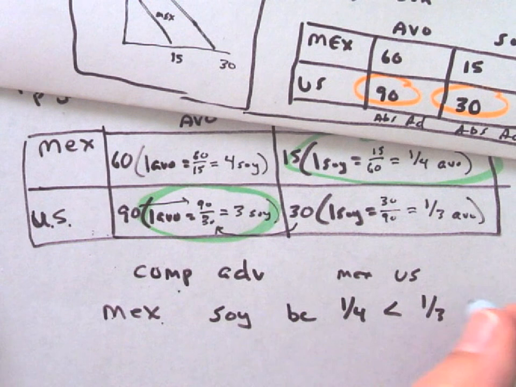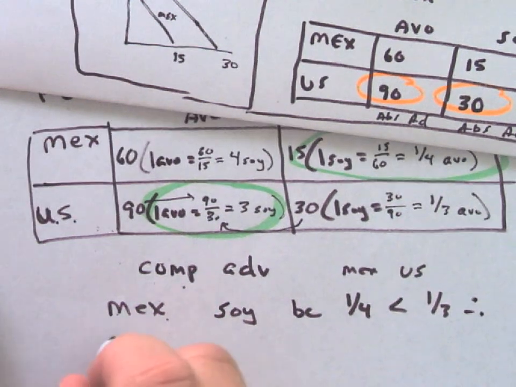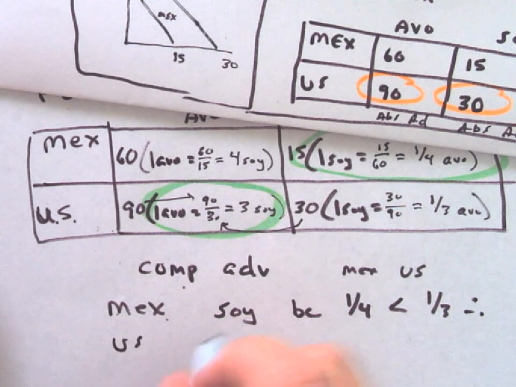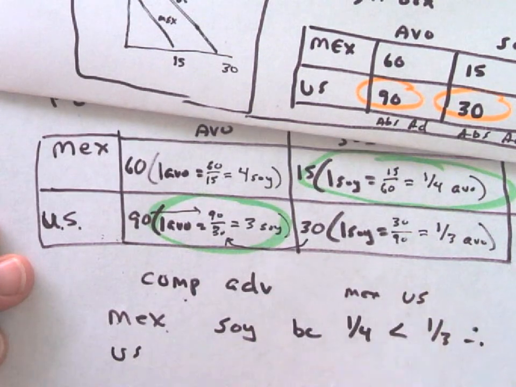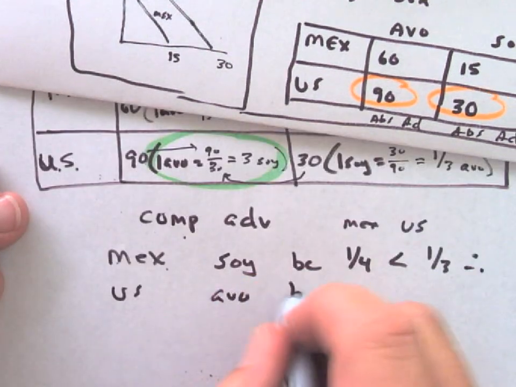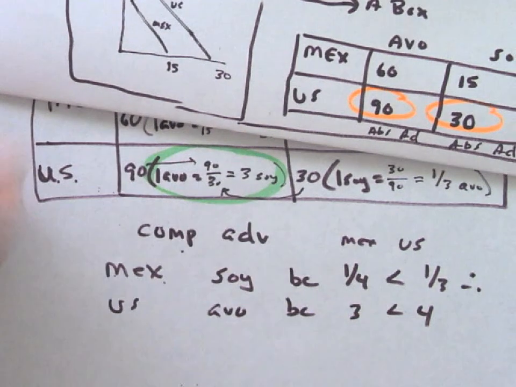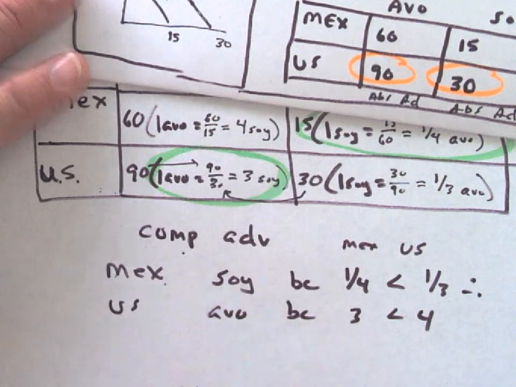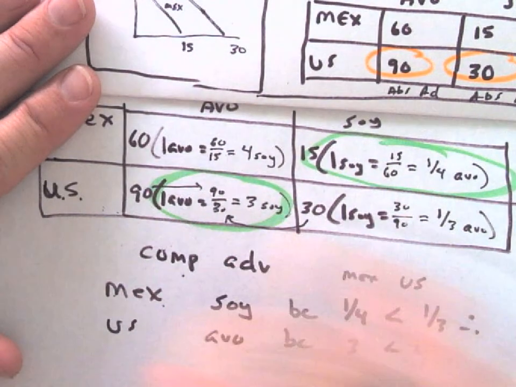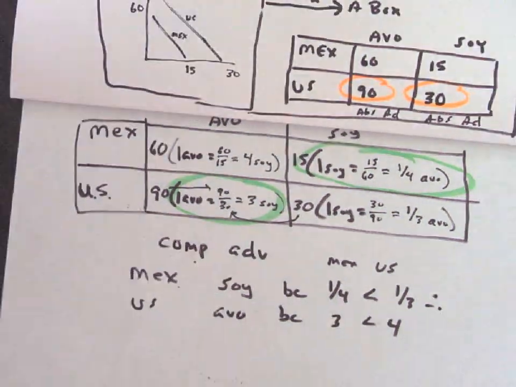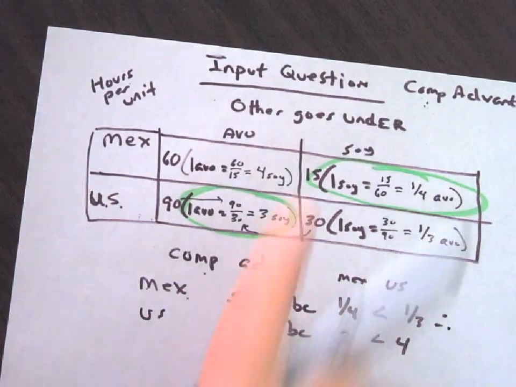Therefore, and you can use 3 dots, therefore, the United States has comparative advantage in avocado production because 3 is less than 4. If you have to explain it, that's how you do it. Other than that, this is the input method for comparative advantage. You're going to use other goes under.